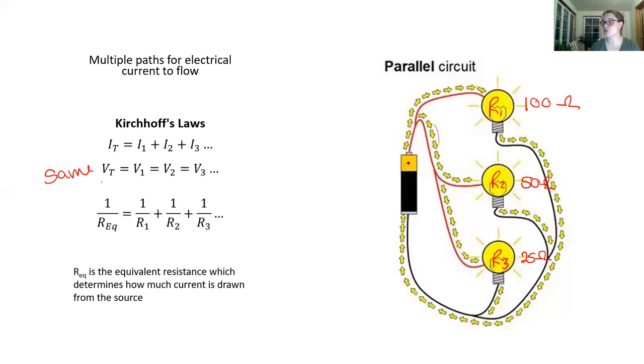Resistor 1 has a high resistance, so it's going to have the least current. Resistor 2 has half the resistance, so it's going to have double the current of R1, and R3 has the least resistance of them all, so it will have the most current.